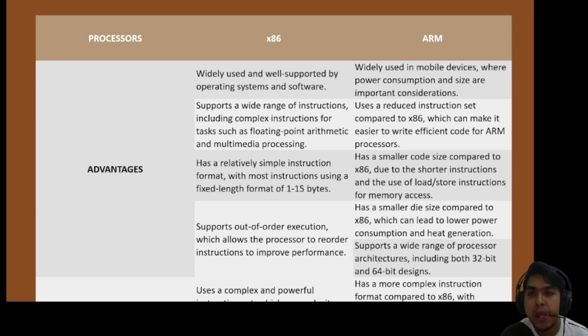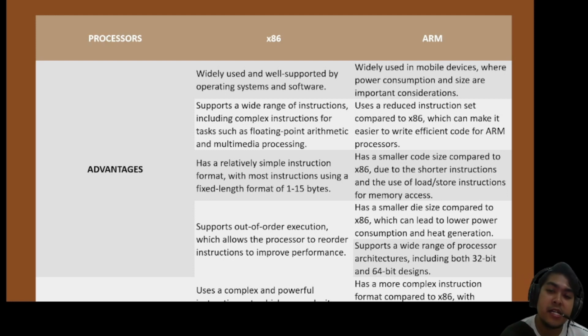Advantages for ARM. ARM is widely used in mobile devices where power consumption and size are important considerations. ARM also uses a reduced instruction set compared to X86, which can make it easier to write efficient code for ARM processors. ARM has a smaller code size compared to X86 due to the shorter instructions and the use of load and store instructions for memory access.